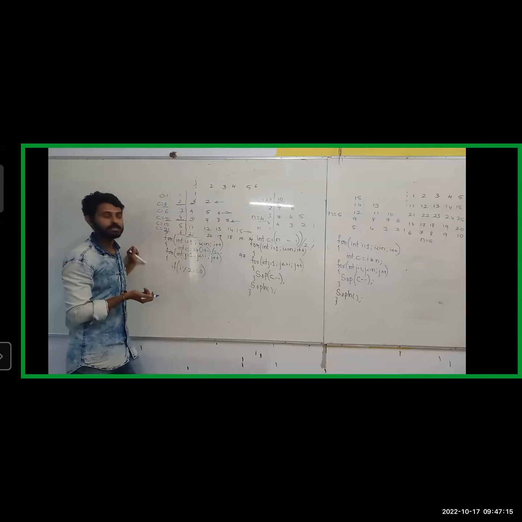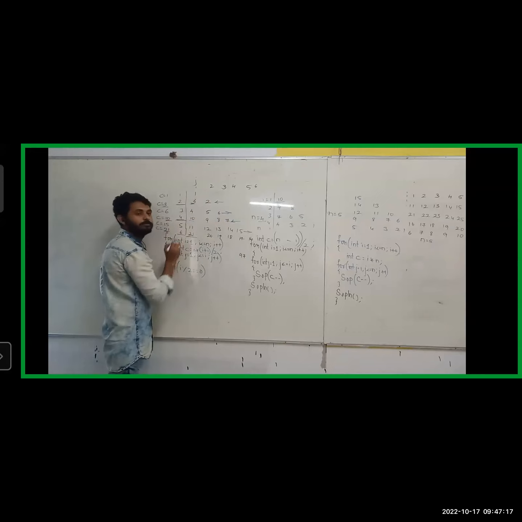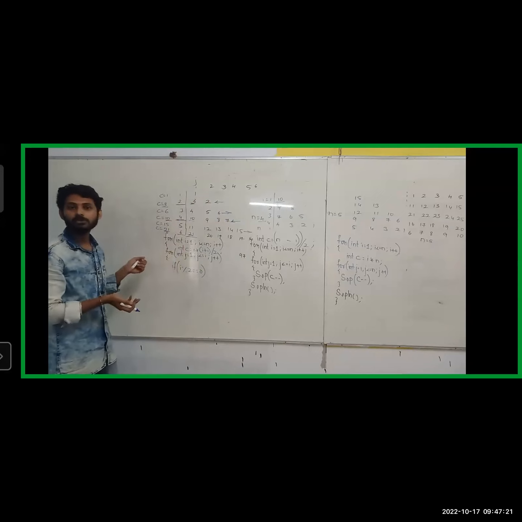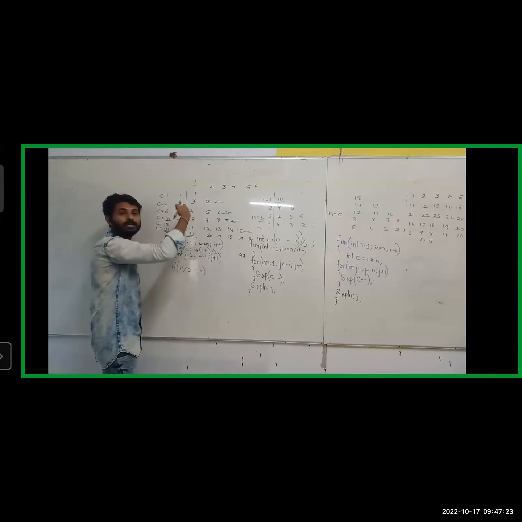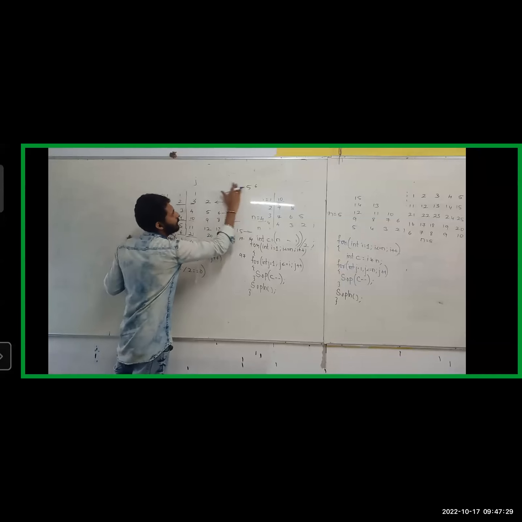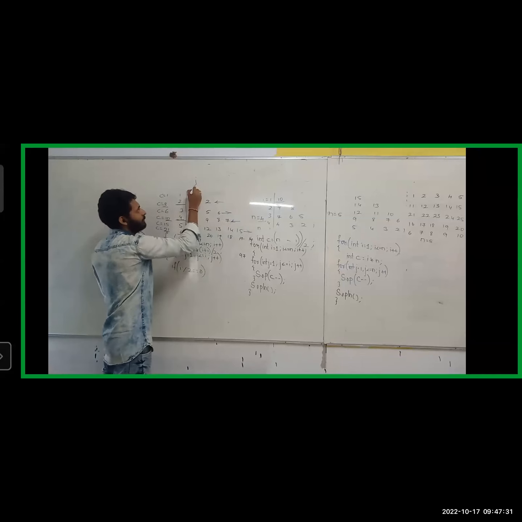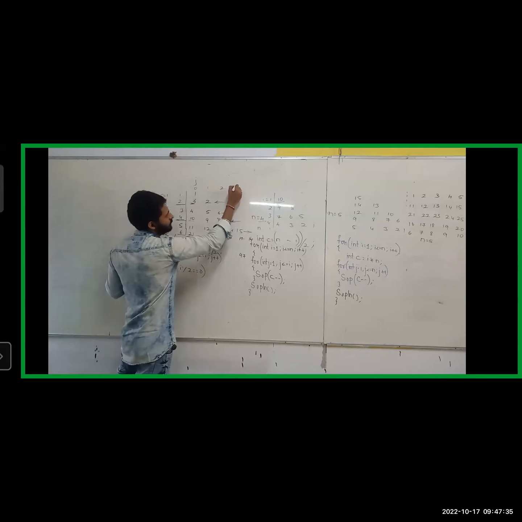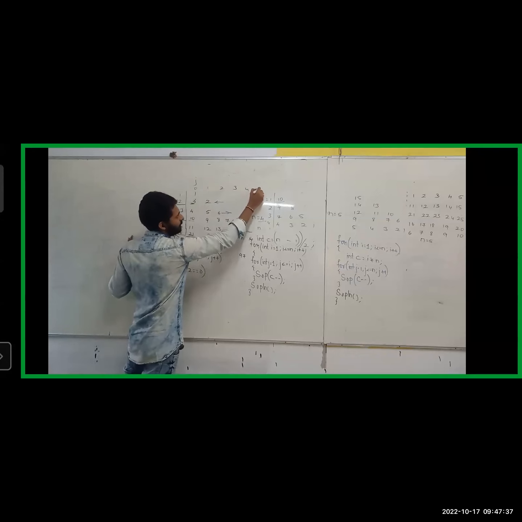I want 10 only here, but I don't want to print it directly. So I'll try to correlate it with J. Sir, what are you trying to say, sir? Have patience. Here, I'll not make it as 1, 2, 3, 4, 5, 6. Rather, I'll make it as 0, 1, 2, 3, 4, 5.